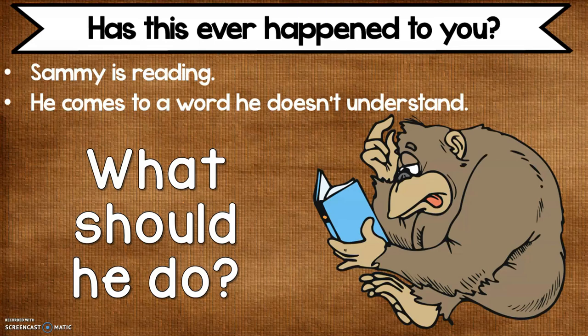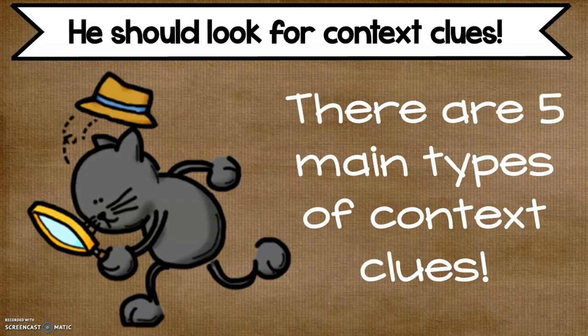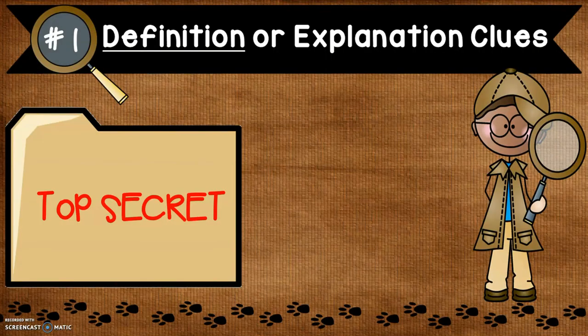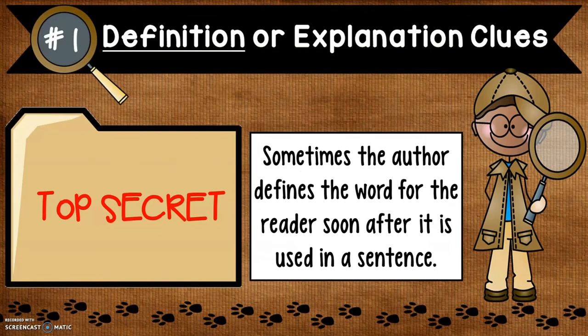So we talked about what we should do when we find words that we don't know, okay? You should always look for context clues. We know there are 5 main types of context clues. The first one is definition or explanation clues. Sometimes the author defines the word for the reader soon after it's used in a sentence. Sometimes this is also called apposition.